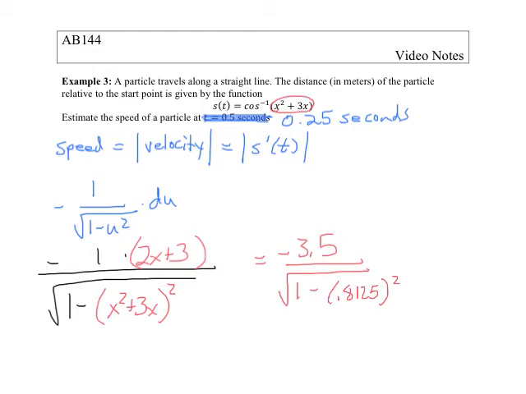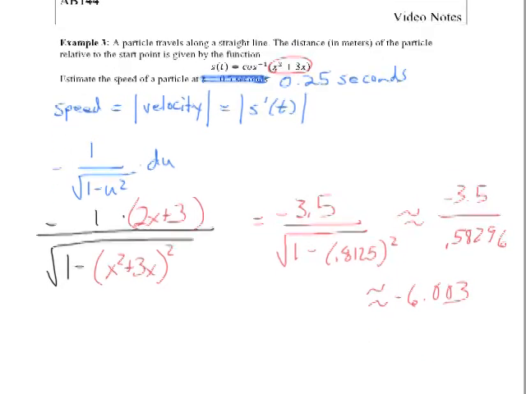If we square that and then subtract it from 1 and then take the square root of that, we're going to get approximately 0.58296 in the denominator. So negative 3.5 divided by that answer, and we arrive at a value of approximately negative 6.003. So that's our velocity at time 0.25.